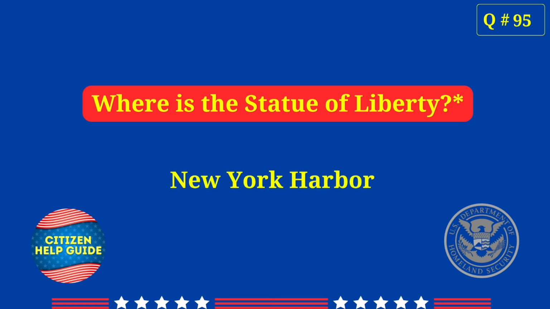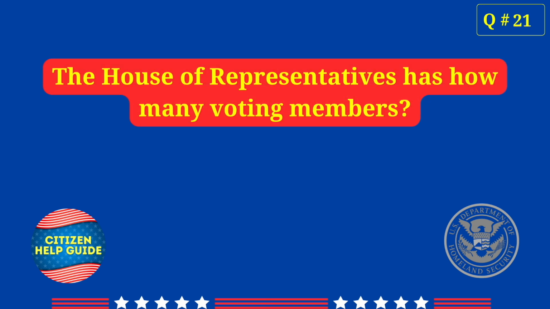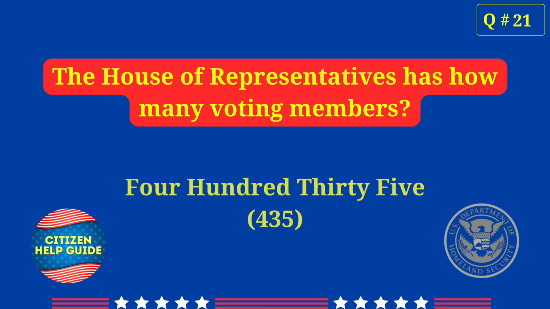New York Harbor. The House of Representatives has how many voting members? 435.